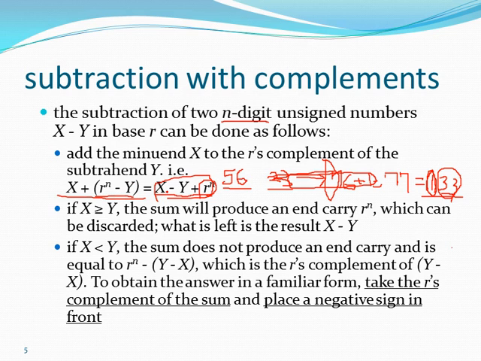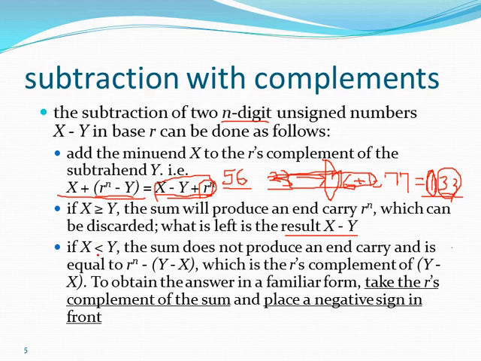So when x is greater than y, the result is discarded if the sum produces digits beyond the number of digits defined. It's automatically discarded, and the remaining value becomes the result of subtraction.